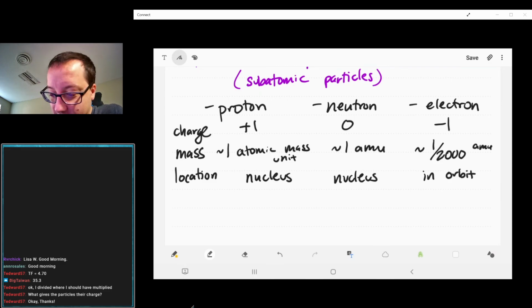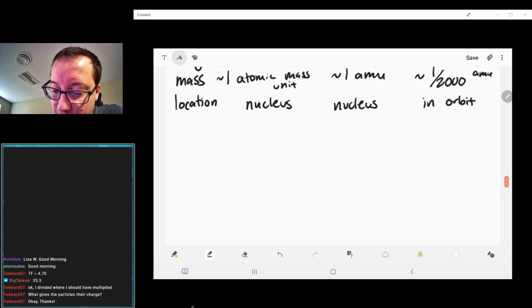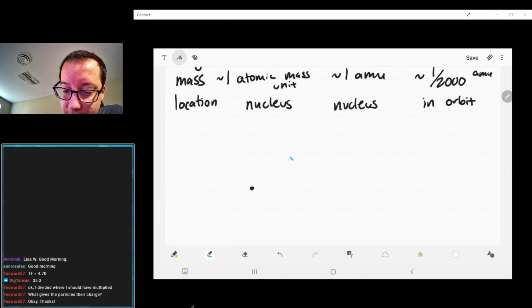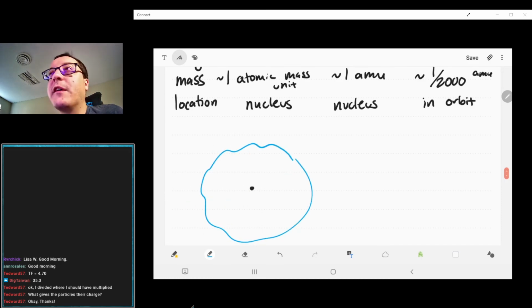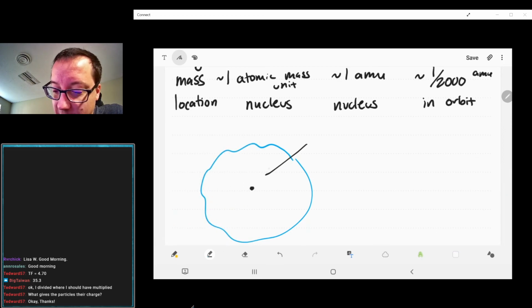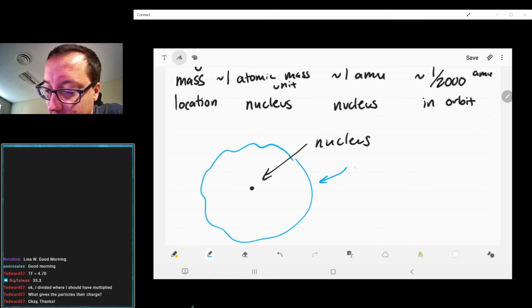Anyways, let's look at it in a way you've perhaps seen it before. Generally speaking, you have a dot in the center and some stuff around it, where the dot represents your nucleus and the blue thing is the electron orbits.